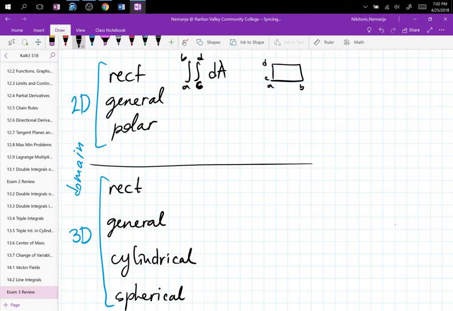Now, what does the general pertain to? General pertains to the integral that has A, B, and then F and a G of X. Again, dA.